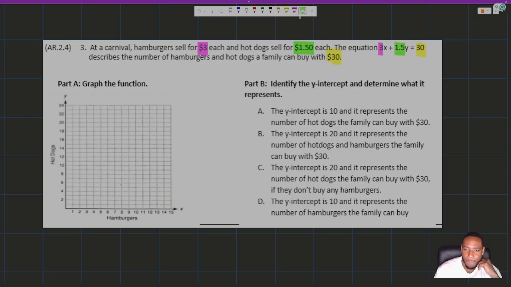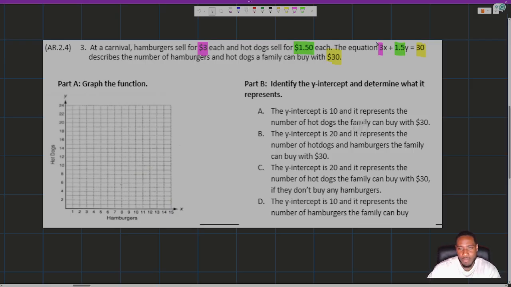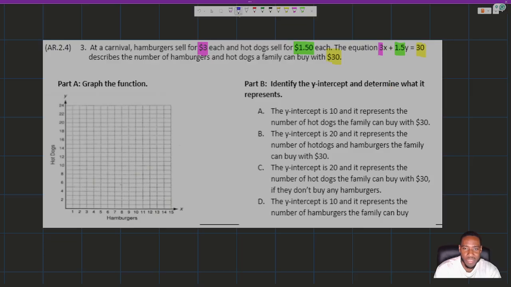the y here. Okay, so each portion of information in this problem is representative of a portion of our graph and our equation. And what I also want you to take note of is that x in this situation, because it's attached to the $3, must be representative of our hamburgers, right?